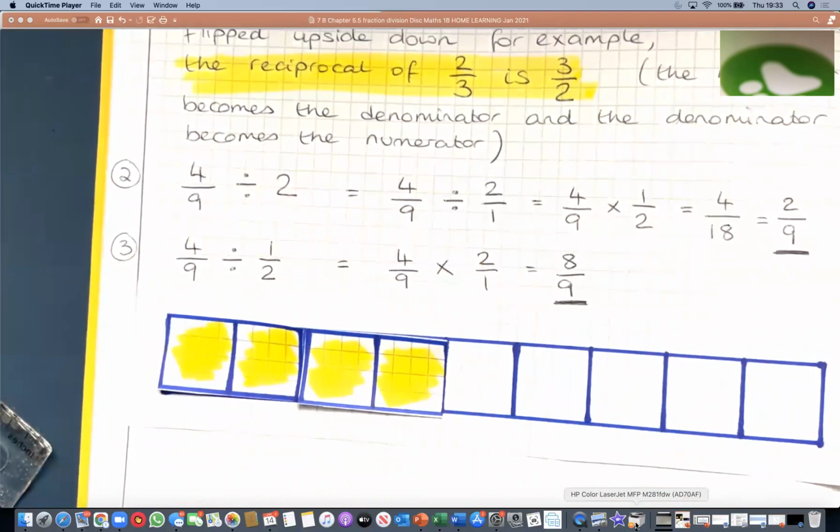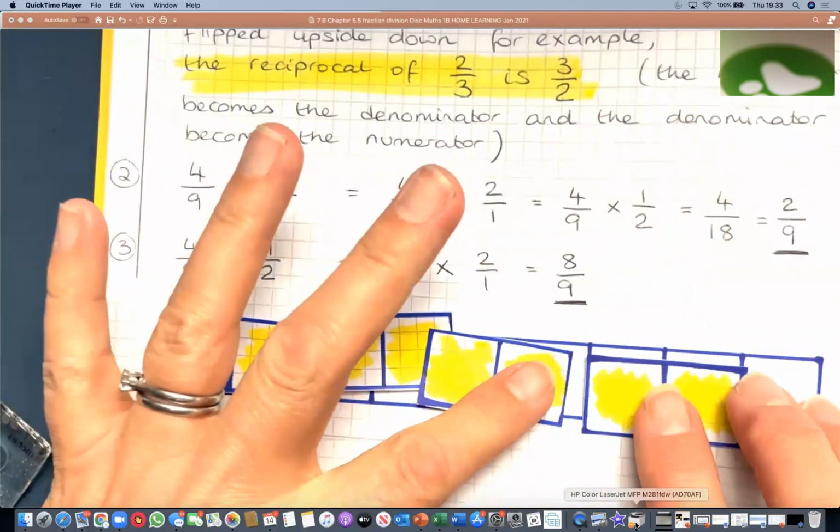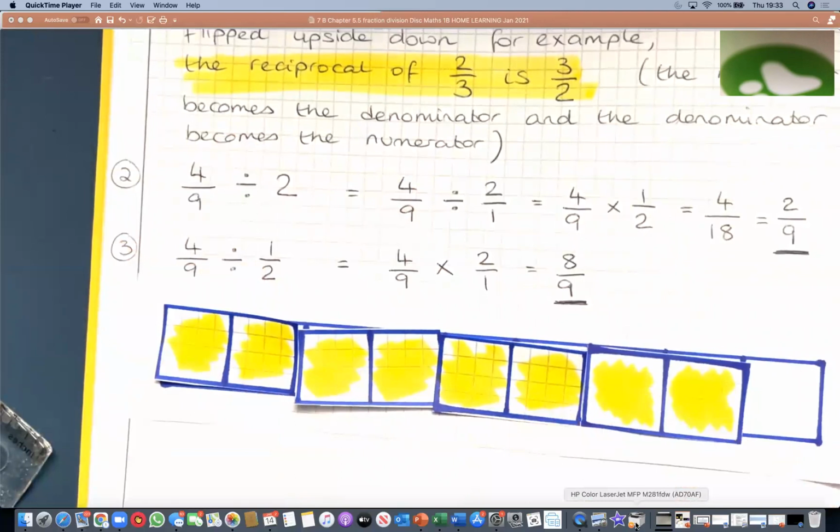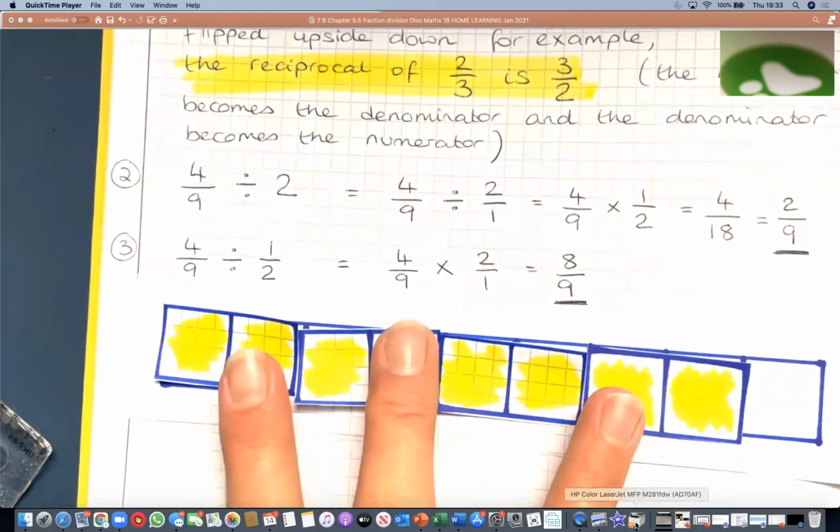So I am therefore timesing by 2. I am doubling the amount of squares that are shaded, and I end up with 8 shaded cells out of 9 in total. And remember, with fractions, we always have to split into equal parts.